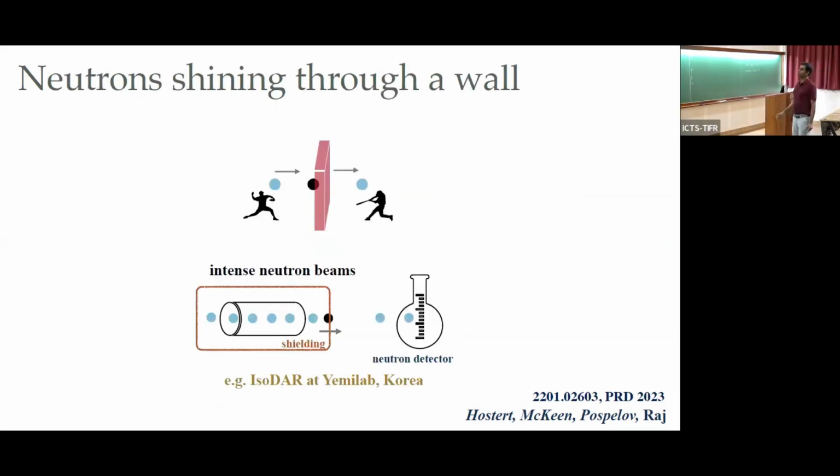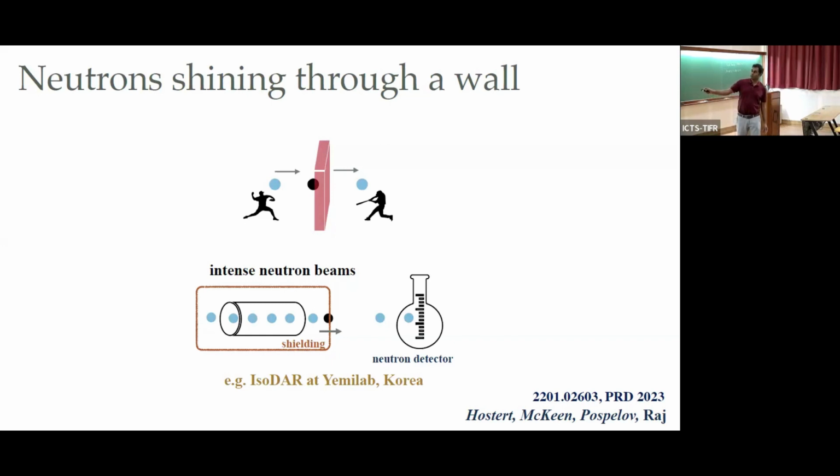Now, how do I do neutrons shining through a wall with this setup, right? So I talked about what that was. This is a kind of a cartoon of what you can actually do in an experiment. You could, if you had an intense neutron beam that was well shielded, the shielding is designed to absorb neutrons, then if I had another detector down the line, a neutron detector, right?